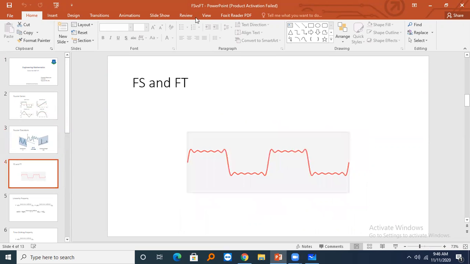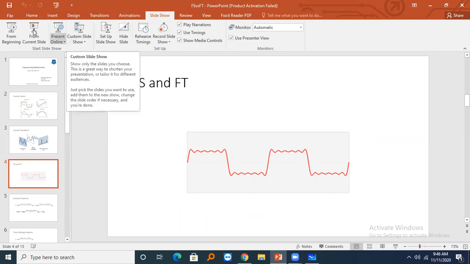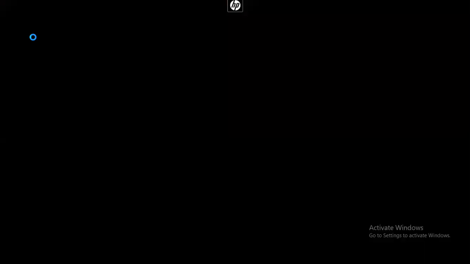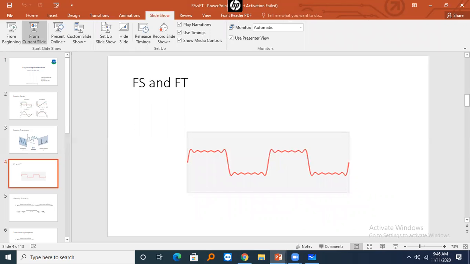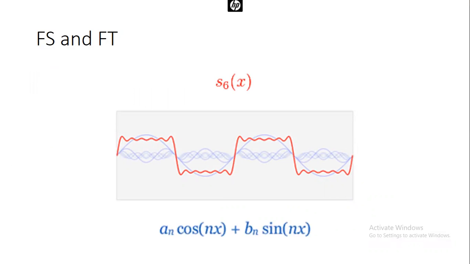Okay, now you'll see a slideshow of Fourier series and Fourier transform. We can get clear about them. So first of all, we see a signal S6 of x.